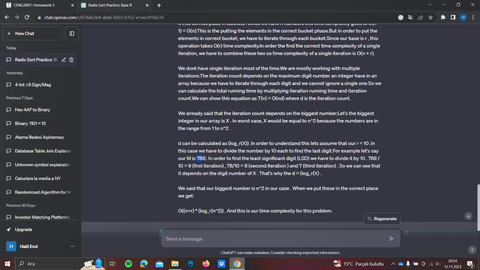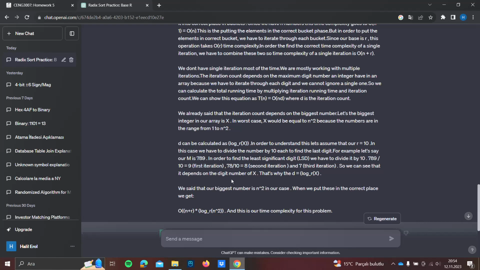When we divide it by 10, we get 8, which is the second iteration. Then we put the 8 in the correct place, which is the bucket with the index number 8. And 7, which is the third iteration, which is the only number left.